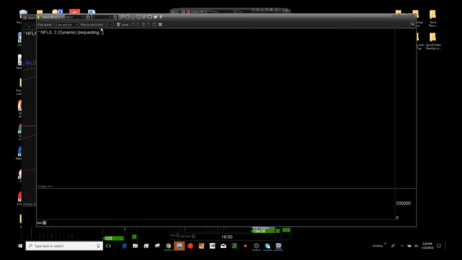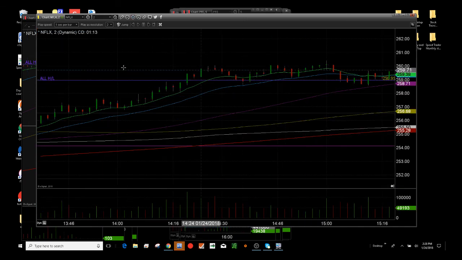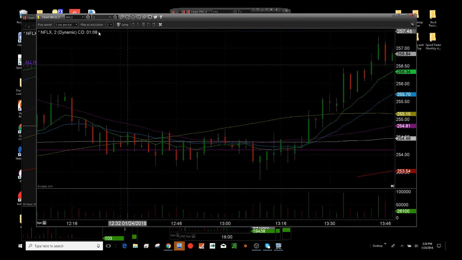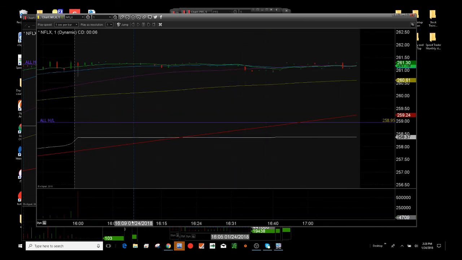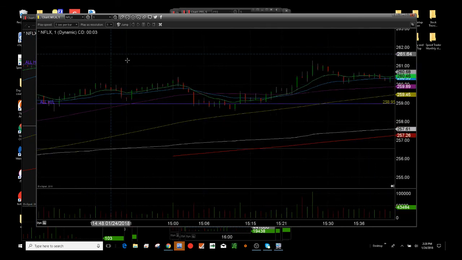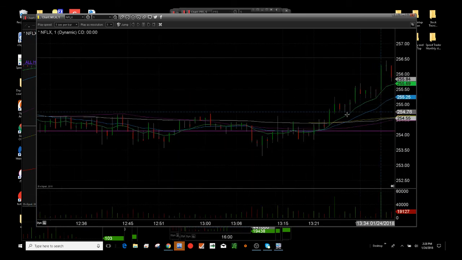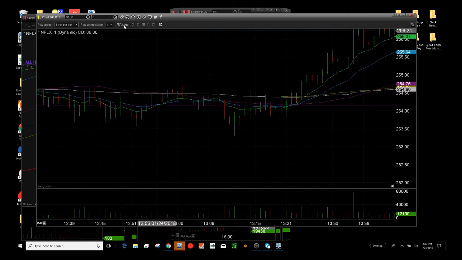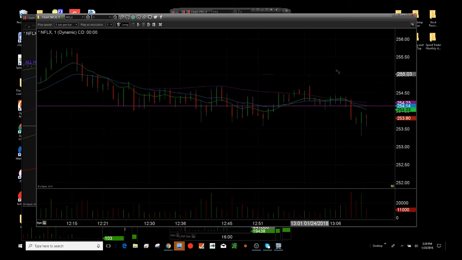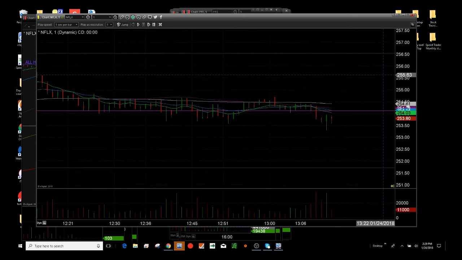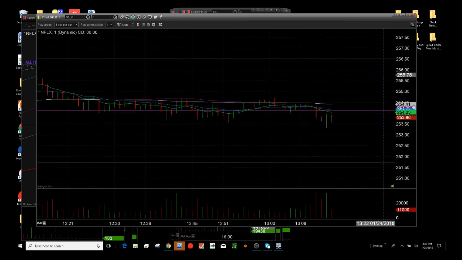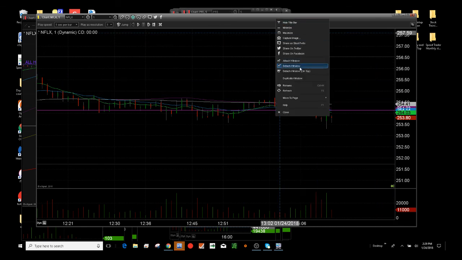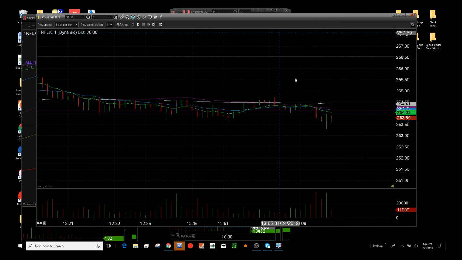So if you took this to a 2-minute chart, you'll begin to see, actually some of the 1-minute chart I think shows it the best. So if you were long, now you probably have to try to ignore the lines.